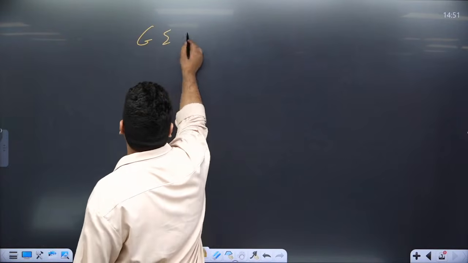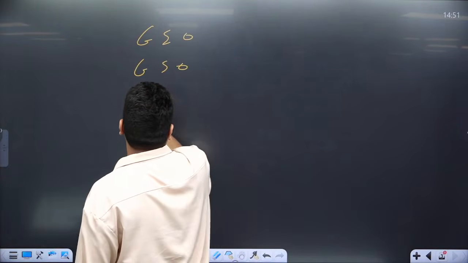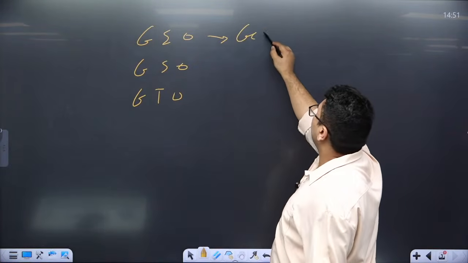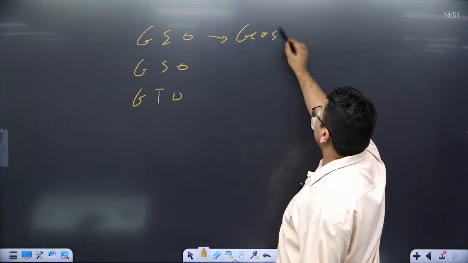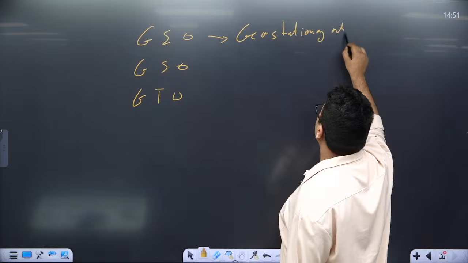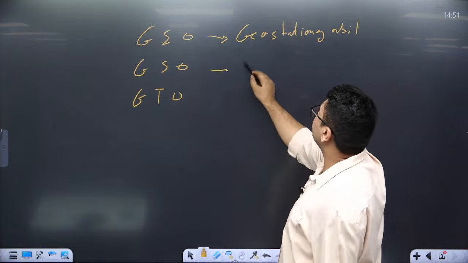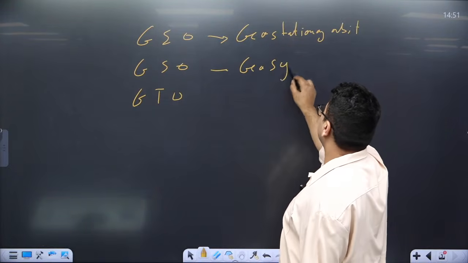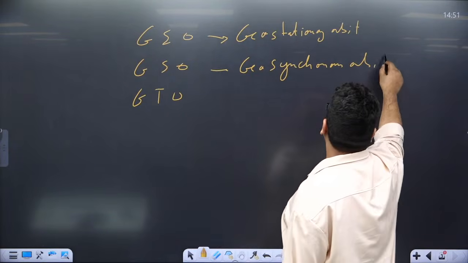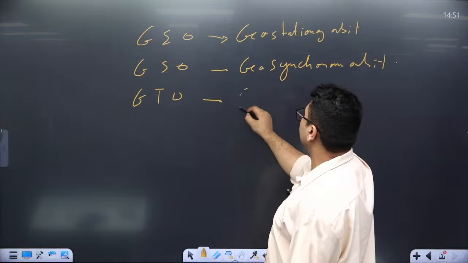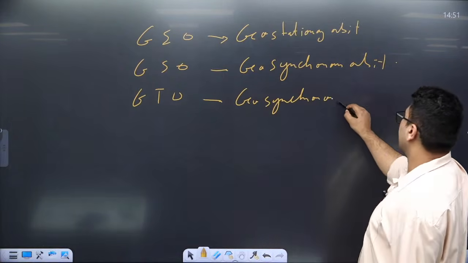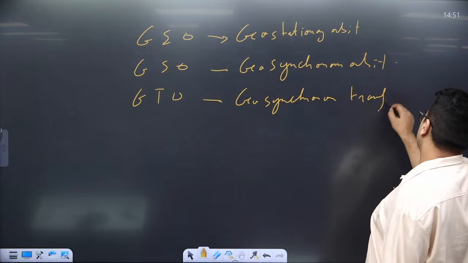There are three types of orbit. This is geostationary orbit. Then we have geosynchronous orbit. Then we have geosynchronous transfer orbit.